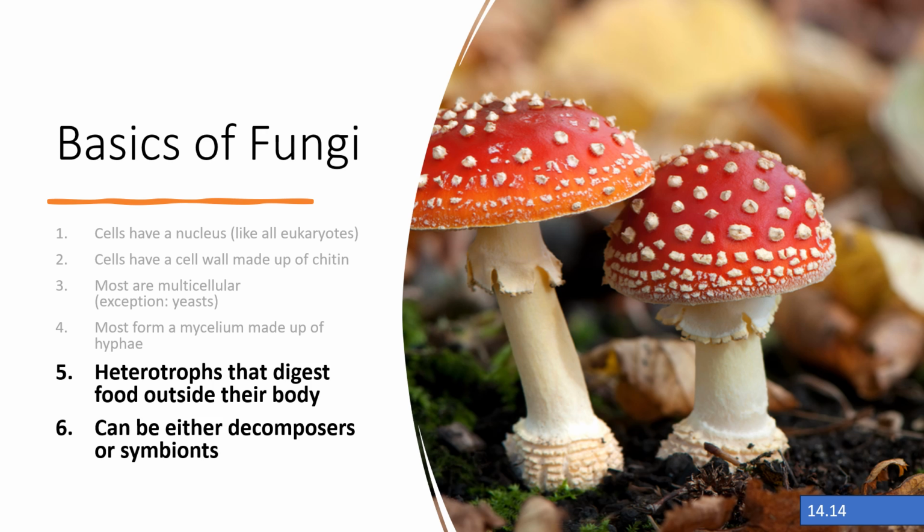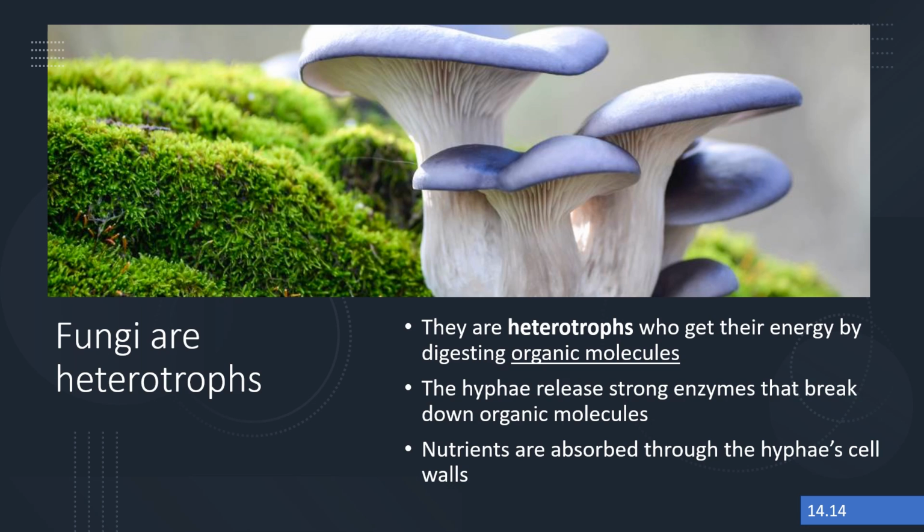Their food can come from a lot of different sources, depending on the species of fungus. Many are decomposers that break down dead organic material, but others form symbiotic relationships with other organisms to get their nutrients. So again, as heterotrophs, fungi get their energy by digesting organic molecules.